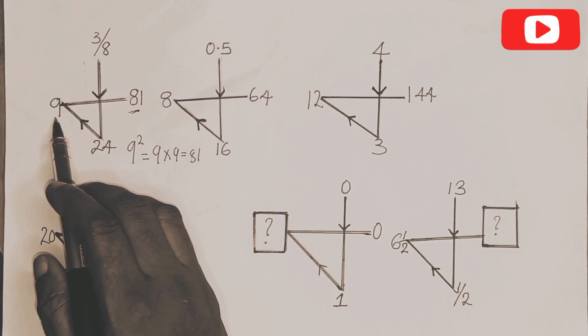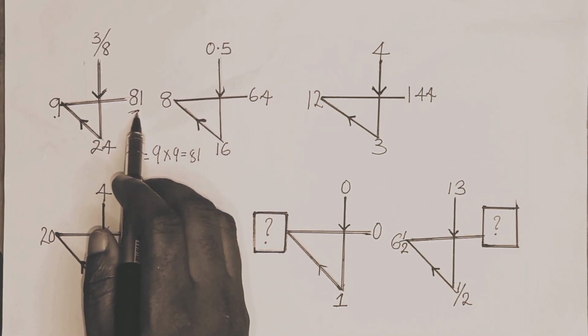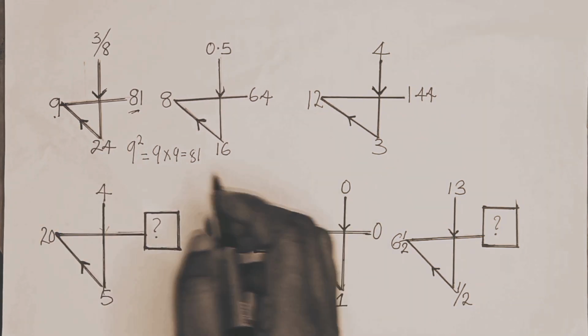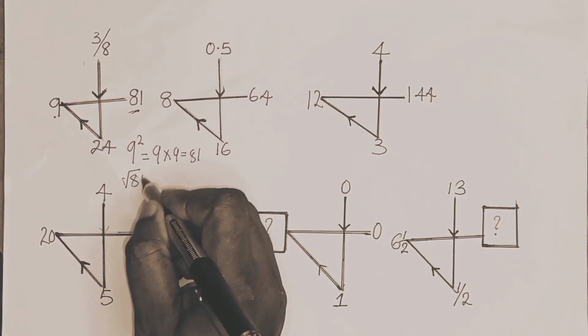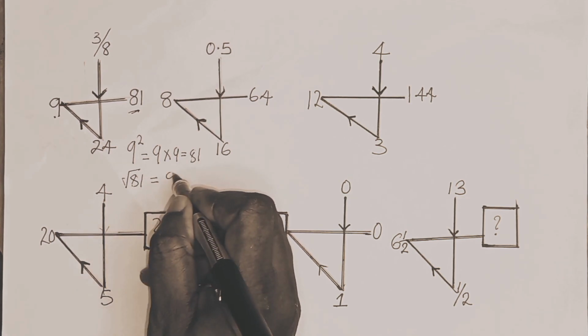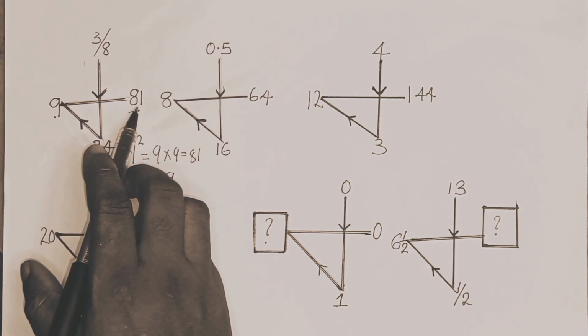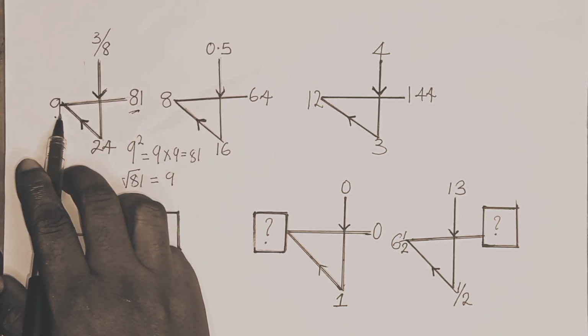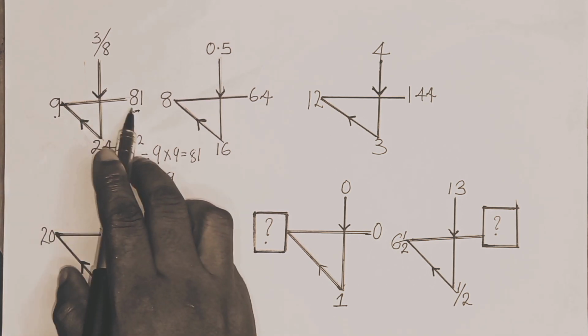So remember, we took a square of 9 to have this. The opposite of square is square root. So we take the square root of 81 to get back 9. So if 9 is missing, you take the square root of this to have 9. If 81 is missing, you take the square to have this.